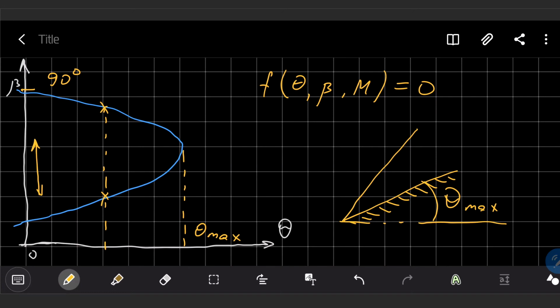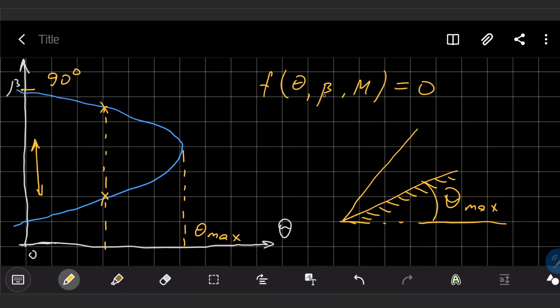It's sometimes even simpler to work with varying beta and then finding theta from this theta-beta-M relation. Also possible, because basically the right part of this function is just a function of Mach number and beta, so it's easy to manipulate.